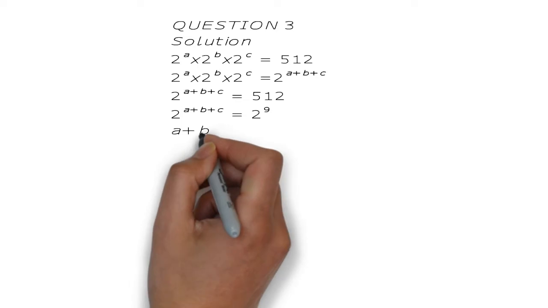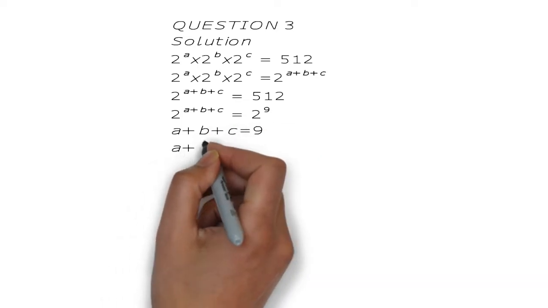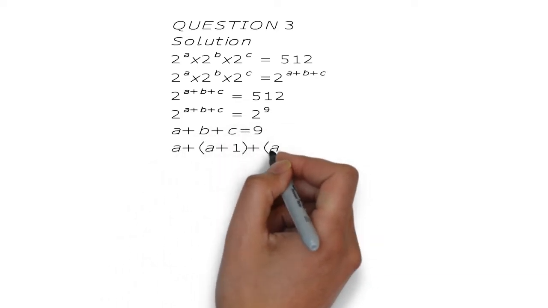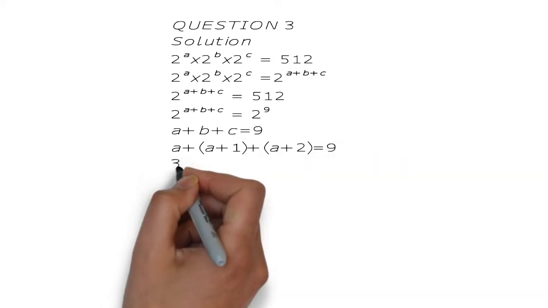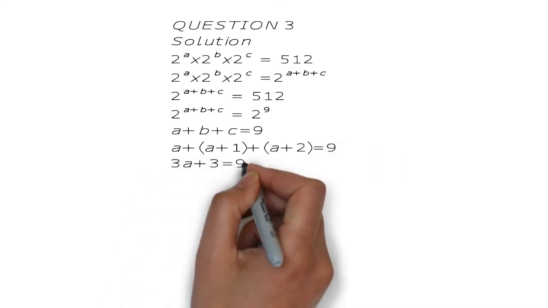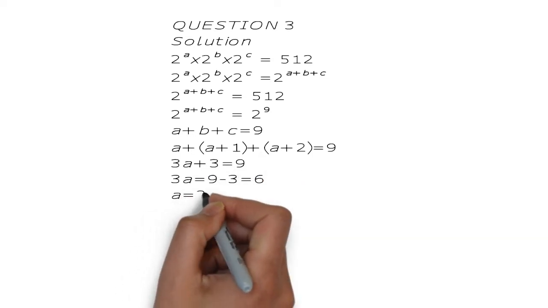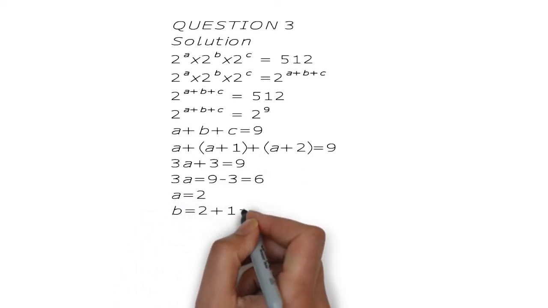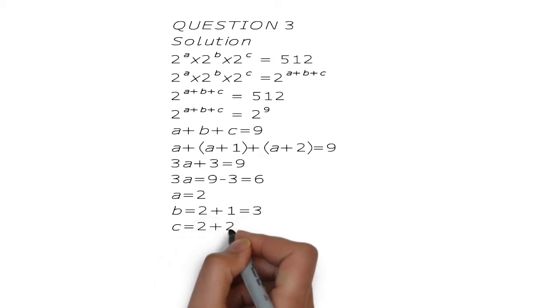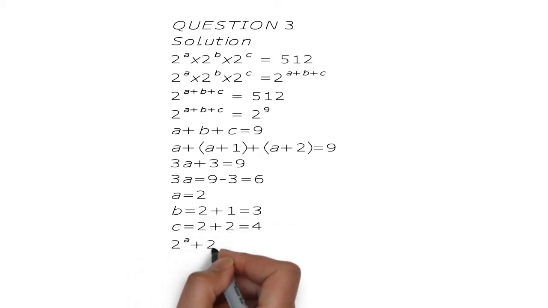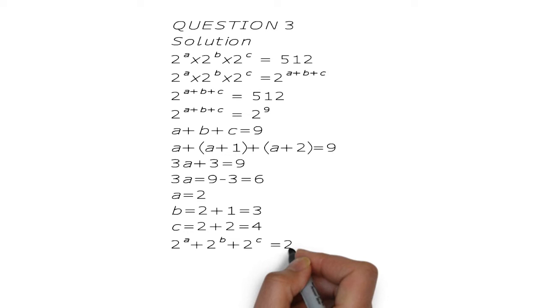So we can say a plus b plus c equals 9. And b is a plus 1 and c is a plus 2. So we put that together, that will give us 3a plus 3 equals 9, and we get a equals 2. So b will now be a plus 1, 2 plus 1 equals 3. c will be 2 plus 2 equals 4.